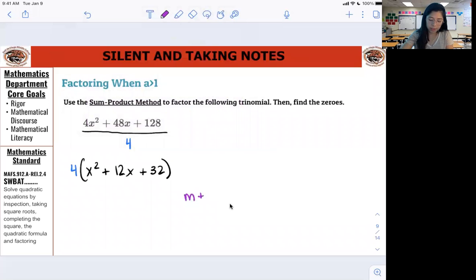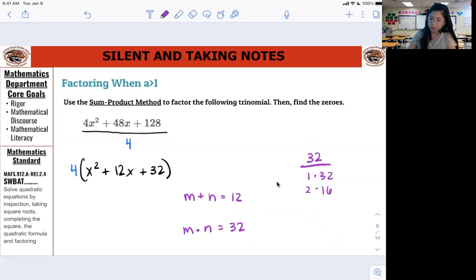Same exact thing. What two numbers add up to 12 and multiply to make 32? Nice, Lauren. She did that fast. And remember, you can always take it a little bit step by step. What are the factors of 32? 1 times 32, 2 times 16, 4 times 8.